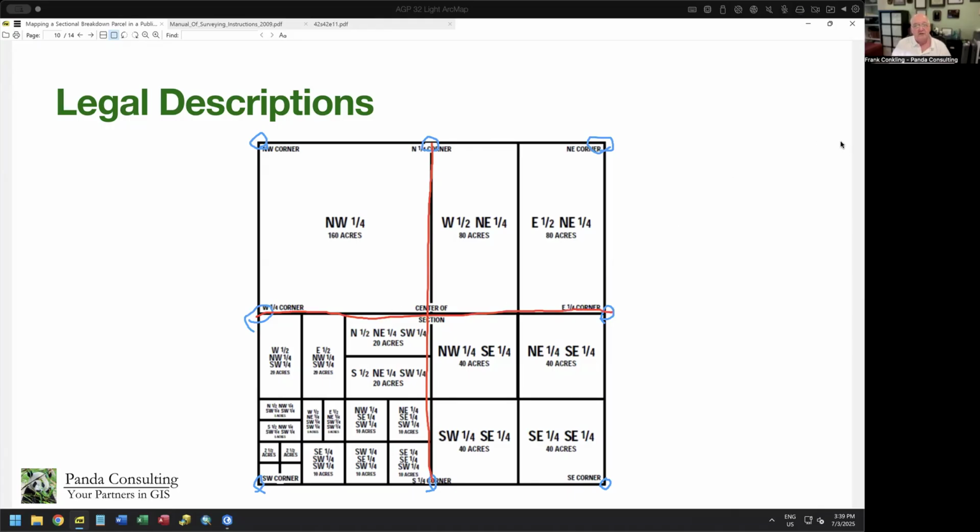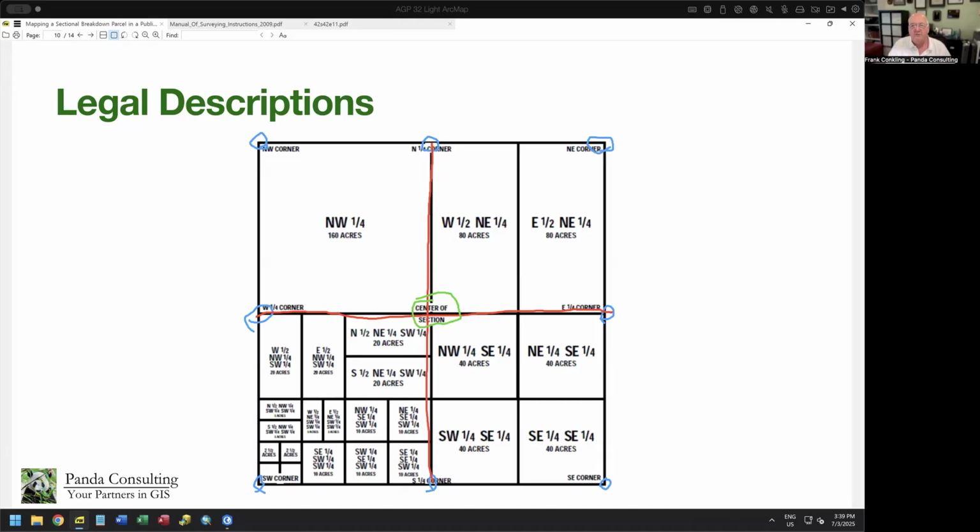Note, no monument was ever set at the center of section. This was all a calculated corner. Oftentimes, the first landowners there would establish fence posts there, but no monument was ever originally established.